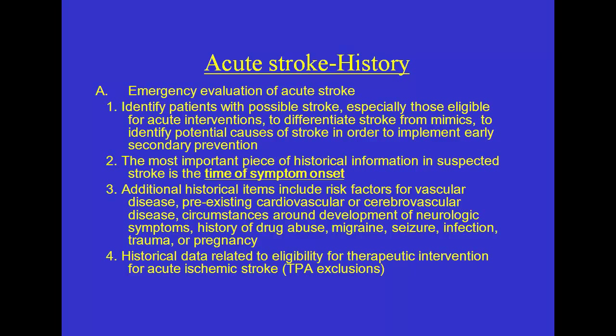A lot of times you think it's conversion, but they're convinced it's real. But we do see people sometimes who come in, and we attribute those oftentimes to migraine. Historical data are really related to their eligibility for therapeutic interventions, including TPA.